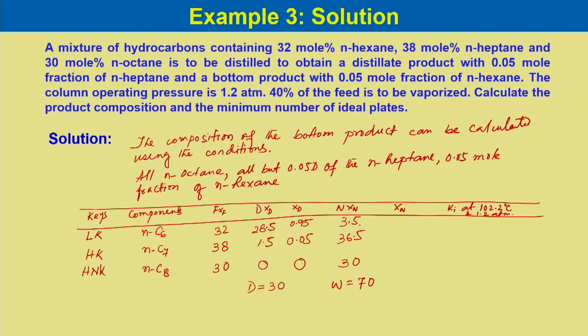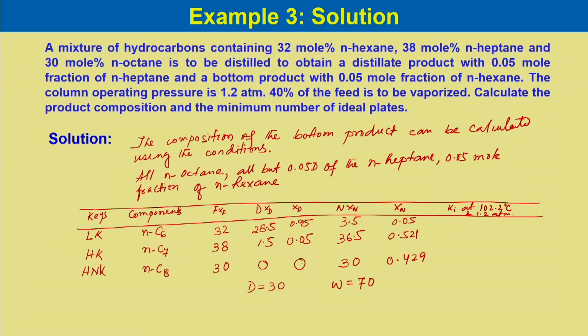Now, if we know WXW and W, then we can calculate XW. So, XW would be 0.05 for n-hexane, for n-heptane it would be 0.521 and for n-octane it would be 0.429.